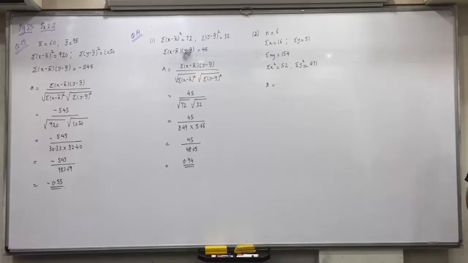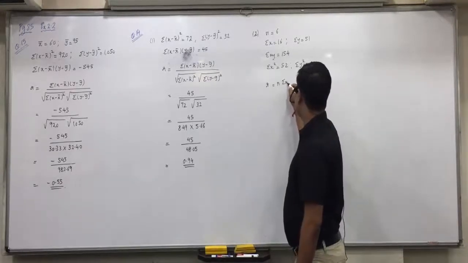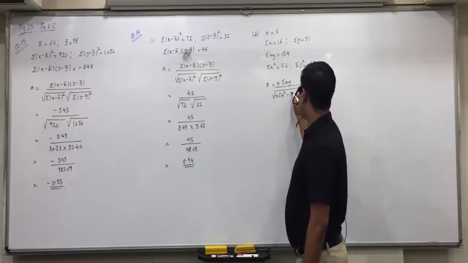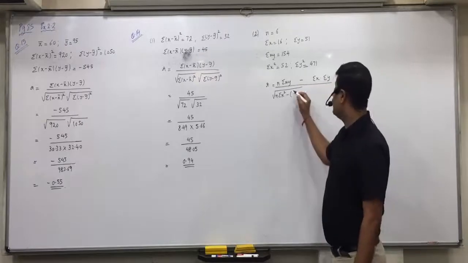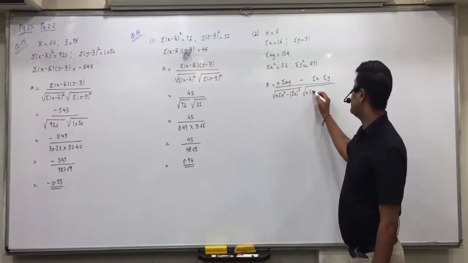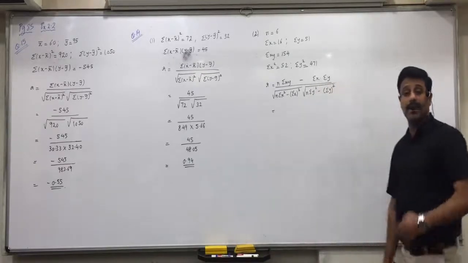n sigma xy minus sigma x into sigma y upon square root of n sigma x square minus sigma x whole square into square root of n sigma y square minus sigma y whole square. Did everyone understand this?